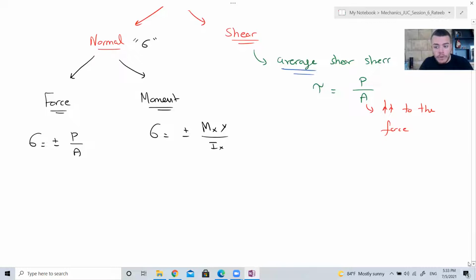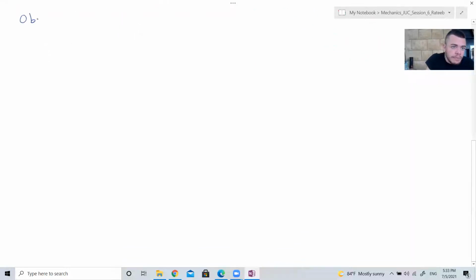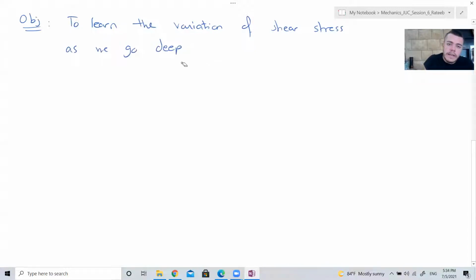Okay, so the objective today is to learn the variation of shear stress as we go deeper in the cross section.